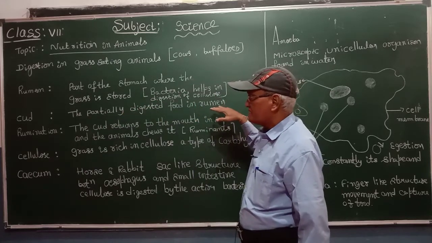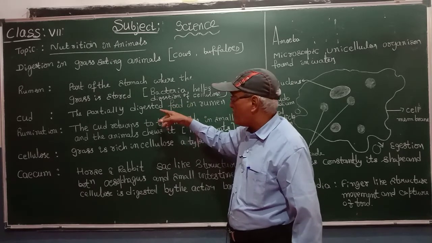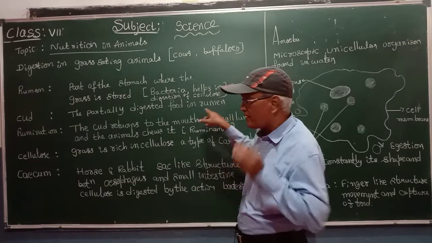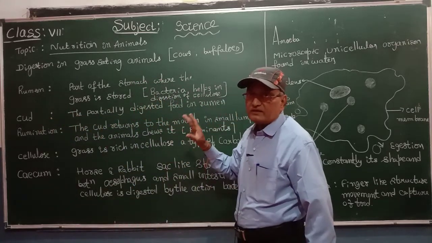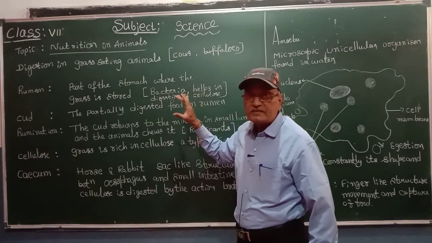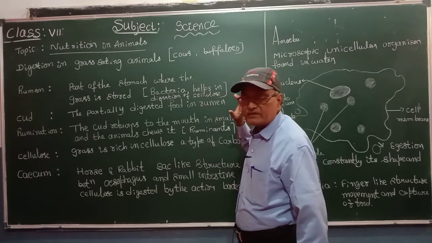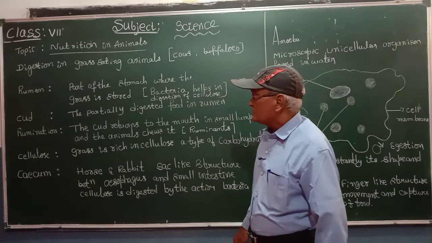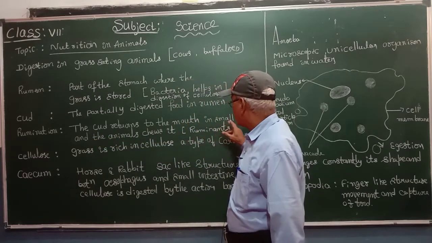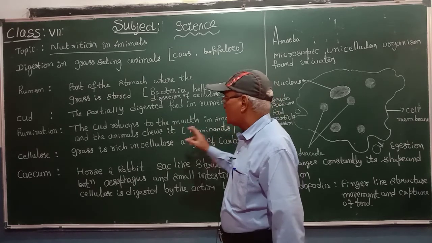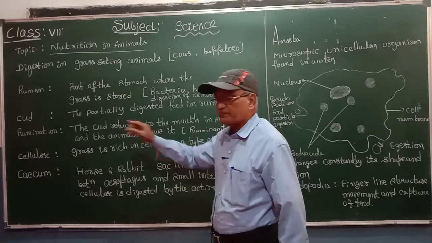That partially digested food which remains in the rumen, we call cud. Cud means partially digested grass or food in the grass eating animals. Now the cud returns to the mouth in small lumps and the animal chews it. We call it rumination.